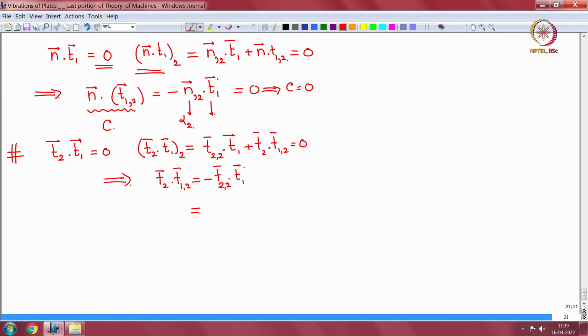T2 dotted with T1 comma 2 is equal to minus A2 by R2 into N, minus 1 by A1 del A2 by del alpha 1 T1 into minus 1 dotted with T1.